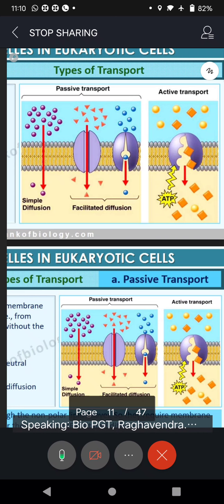Adenosine triphosphate. I said ATP is the currency of the cell. Like Indian currency, we say rupee; American currency, dollar. ATP is adenosine triphosphate. By spending ATP, if you push the molecules or materials from one source of origin to destination, then we say active transport. I hope I made it clear.